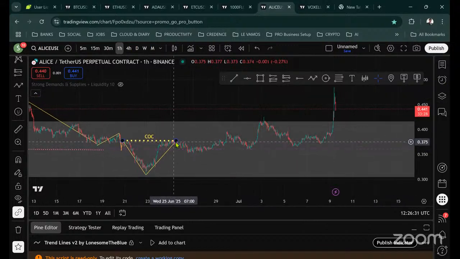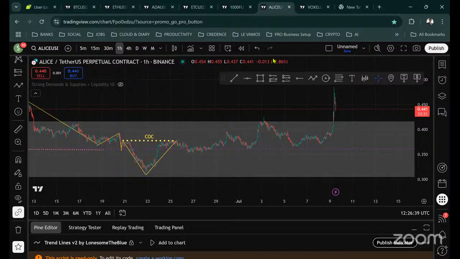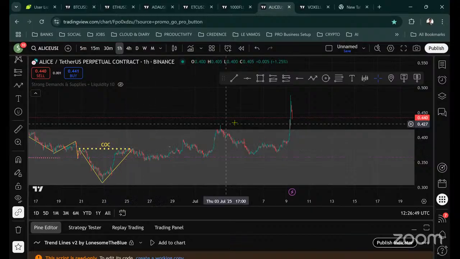So here's the change of character. And after the change of character, if you continue that impulsive move, you will see your breakup. Yes. After this change of character, I can see there is a break of structure here.